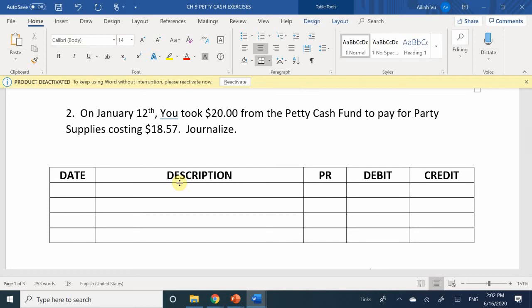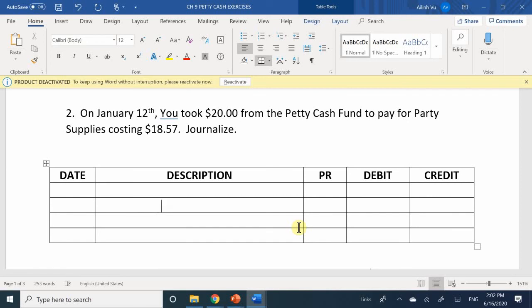When do we actually figure out that we spent $18.57? At the end of the period. That's correct. So the question here is, do you need to journalize this in this transaction? I'd say yes, but no, because it's 2 days after you establish it.